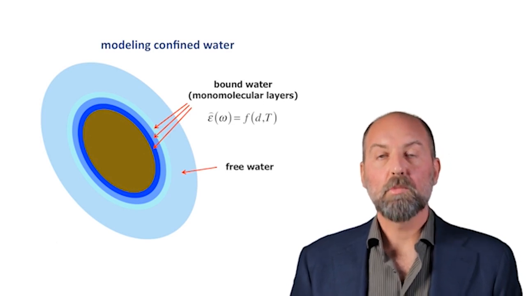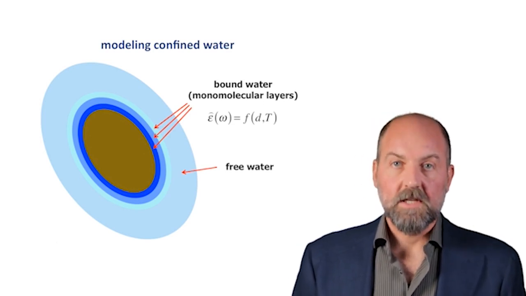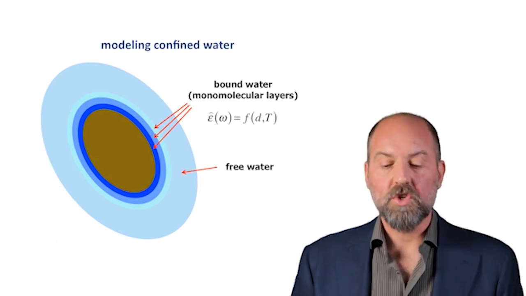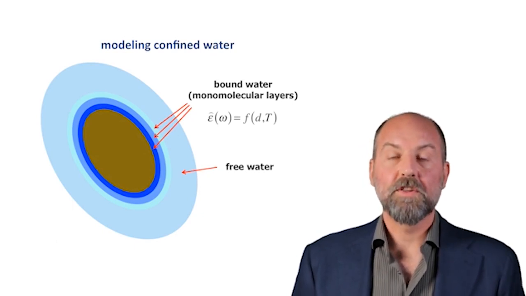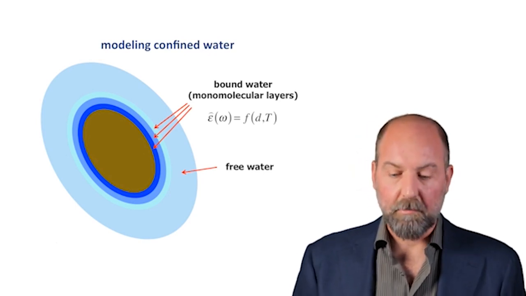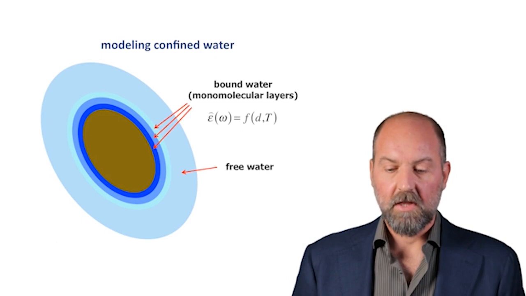And each monomolecular layer displays specific permittivity or dielectric properties which depend on their distance to the surface and of course also on temperature, just like bulk water does.